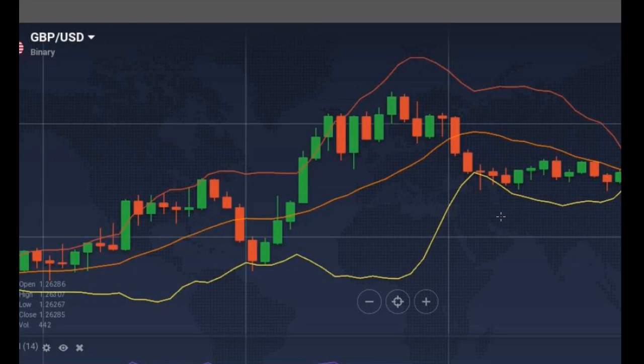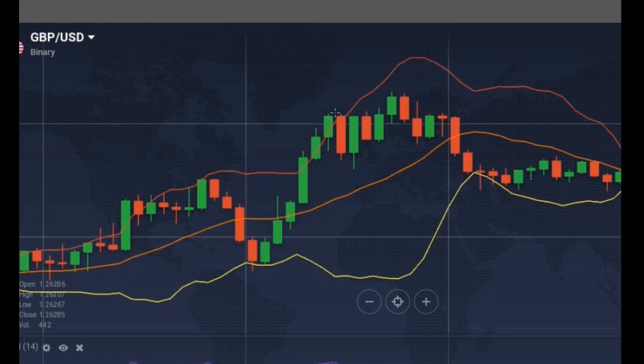Okay, so now let's treat the last but not the least. So there's the Great British Pounds USD. You can clearly see that there is a cut up.